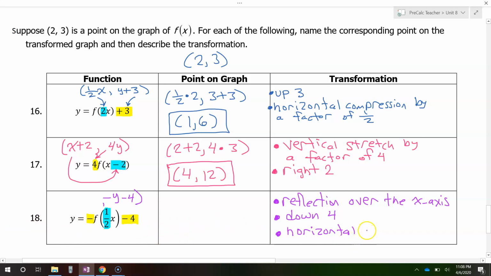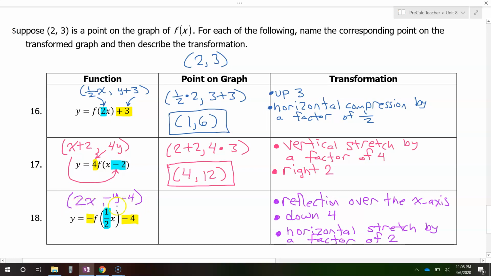So this is going to be a horizontal stretch, and we get the factor by doing the reciprocal, so by a factor of 2. Because I'm stretching by a factor of 2, my x values will be doubled.